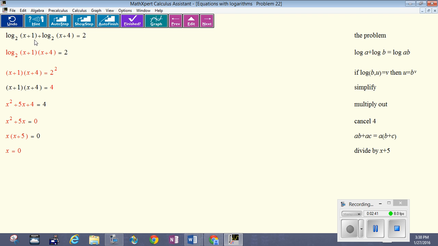It would be thrown out because when inserted back up in here, it produces a negative argument, okay? Ordinarily, the log of 0 is undefined, but when 0 is replaced back in here, we're still taking the log of 1. And of course, the log of 1 is 0, and the log base 2 of 4 is going to be 2, so that balances both sides.